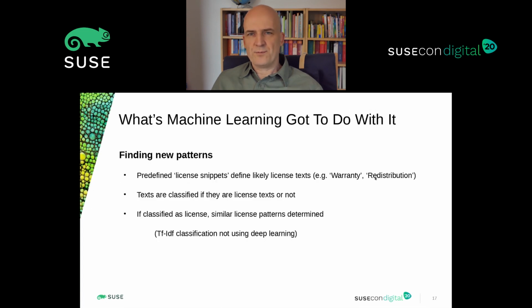So how do we find new patterns? The trick we use is that we have license snippets, small text snippets, just words sometimes, or collections of words, that are likely to be found in licenses. For example, the word warranty or the word redistribution.